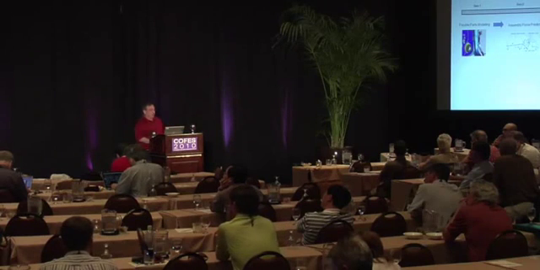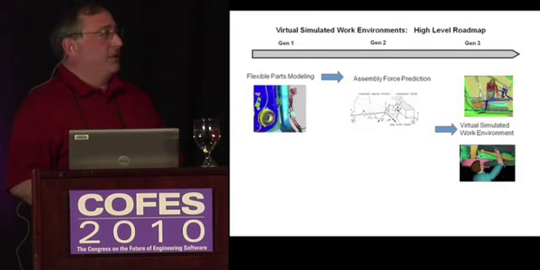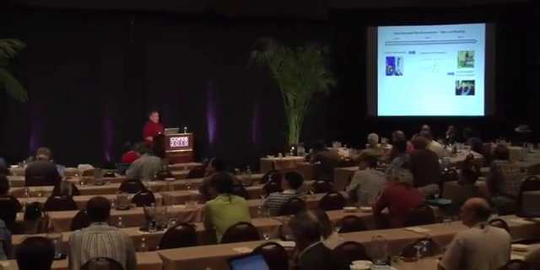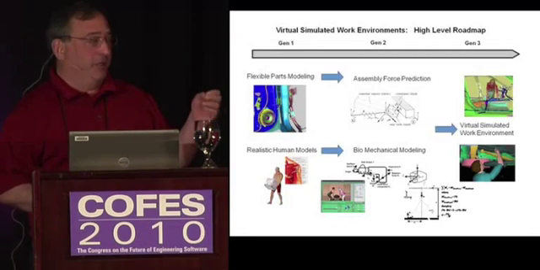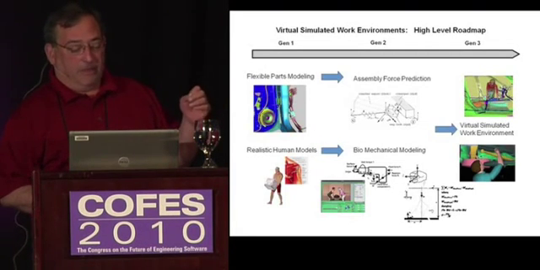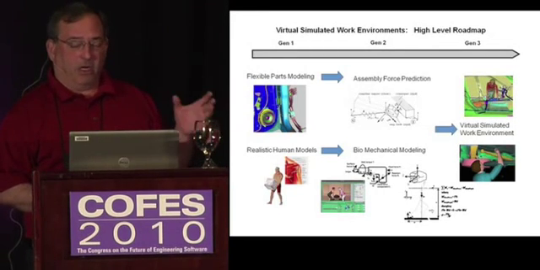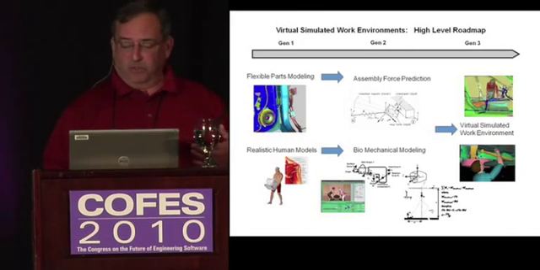And I think about this in terms of two swim lanes. The top has to do with the modeling of the parts and the environment, the interaction between the parts and the environment. So we'll talk about flexible parts modeling and assembly force prediction. The bottom part has to do with the human models, the digital human models, how realistic they are, how easy they are, how automated they are, how well they comprehend accurately the force exertion requirements.